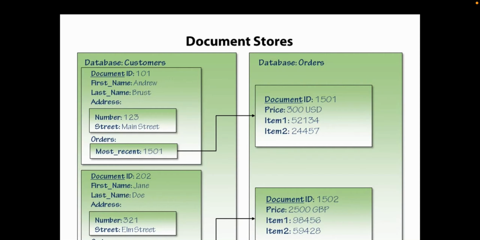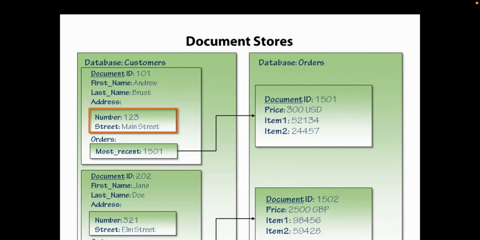What's a little different here, though, is that the value of a key can actually itself be a document. So if you take a look on the upper right-hand corner, that customer document 101 has an address key, and the value of that key is itself a document with keys and values for number and street.